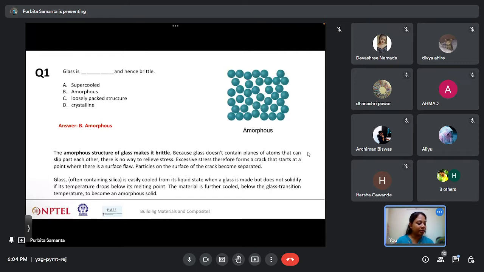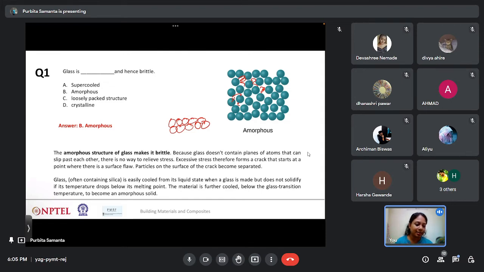If you look at the structures, there's the crystalline structure and there's the amorphous structure. Crystalline structures are somewhat like this, a very regular kind of structure. Whereas if you look at the amorphous structure, you'll find the way it is placed is very irregular.